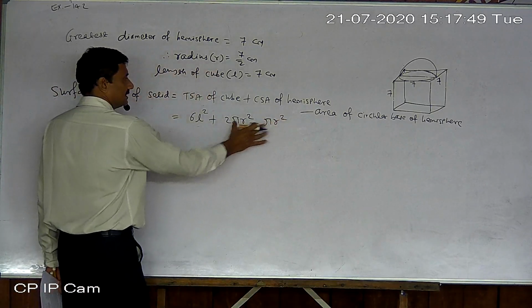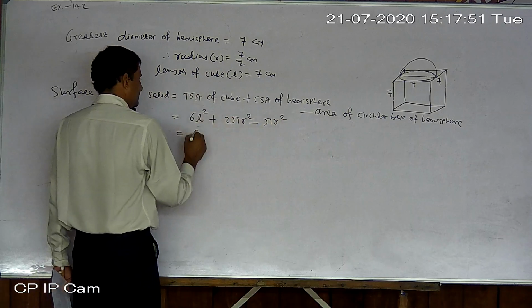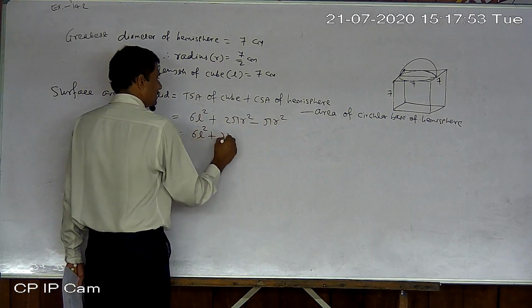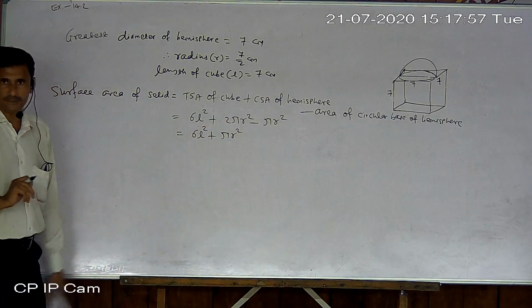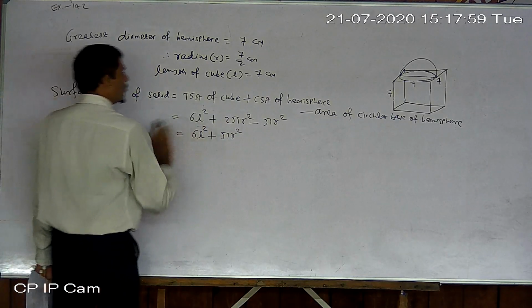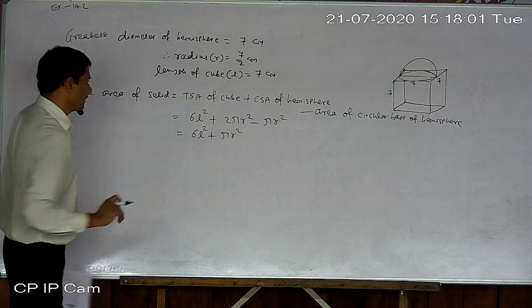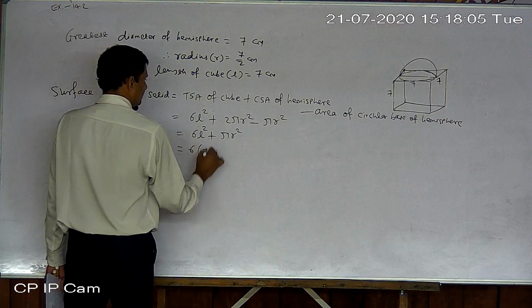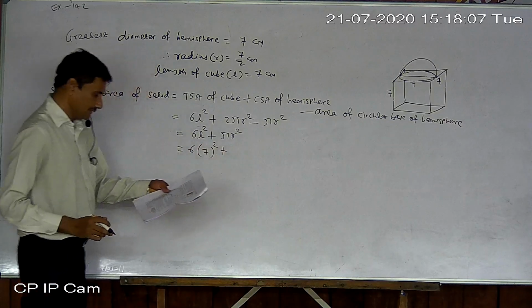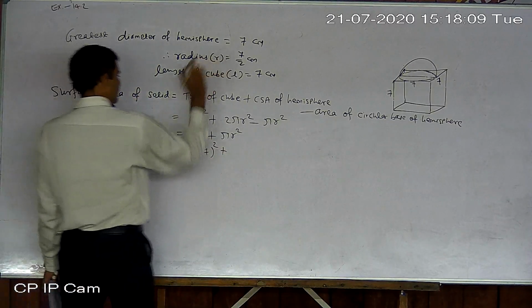Now you can see the terms: 6l square plus 2 pi r square minus pi r square. Now the values: l is given as 7. Pi's value is not given. Here r is 7 by 2.